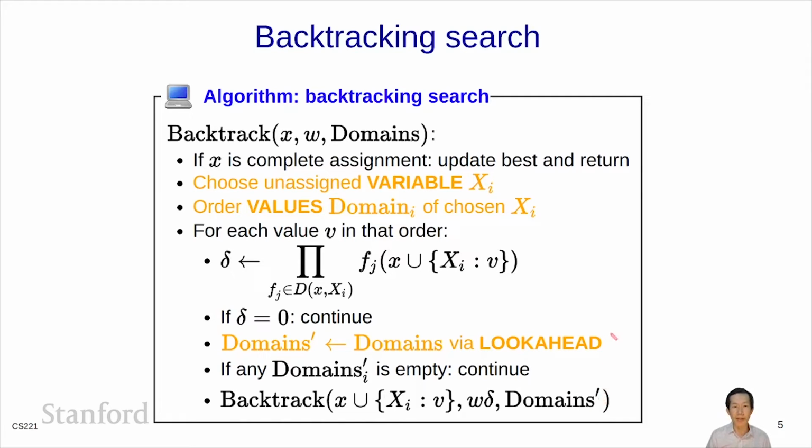Okay, so this recipe has 3 choice points: how to choose the unassigned variable, how to order the values of the unassigned variable, and finally this lookahead, which is how we prune the domain. So we're going to talk about each of these in turn, starting with the lookahead.